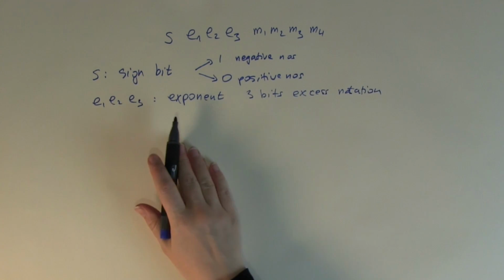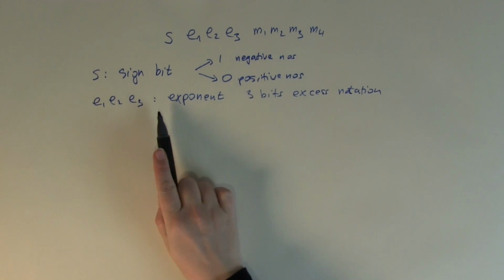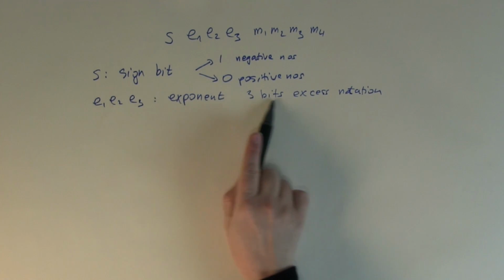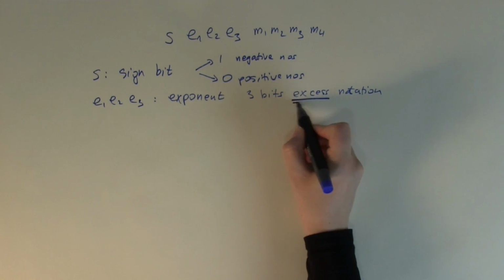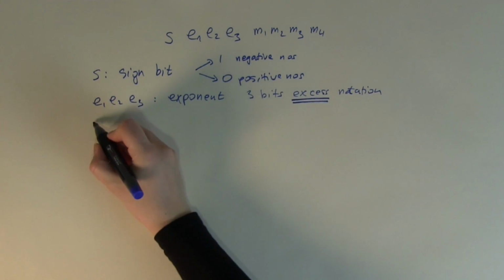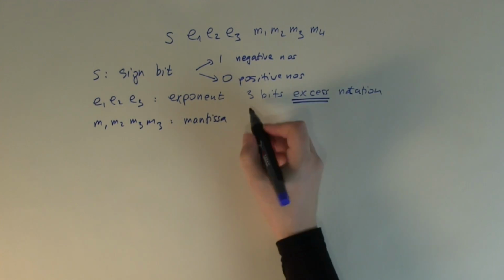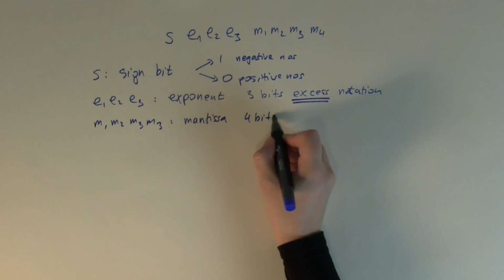So if you have watched the previous video on floating point, the difference here is that the exponent is in excess notation, while in the previous video we used the 2's complement notation. And the last part of the sequence is the mantissa, but we're only using 4 bits for the mantissa.